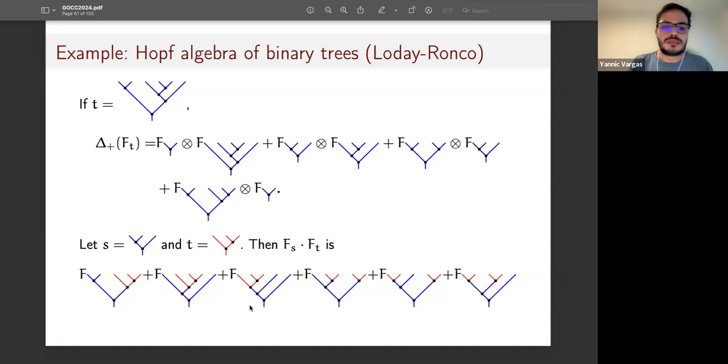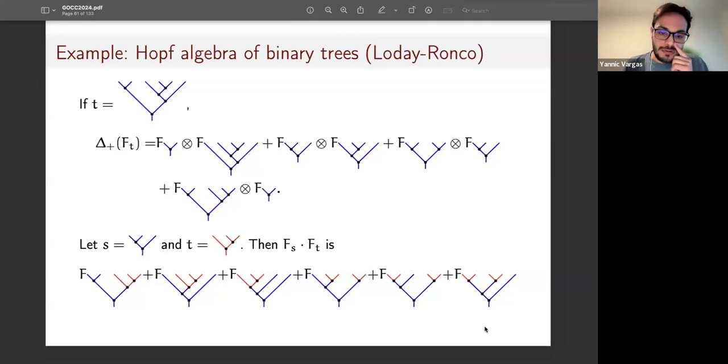And the product is kind of a shuffle of the trees. You have to split the second factor T in such a way that the number of internal vertices you have on S matches, and that will lead you to this sum. This is a combinatorial example of a product and a coproduct that in fact form a Hopf algebra.